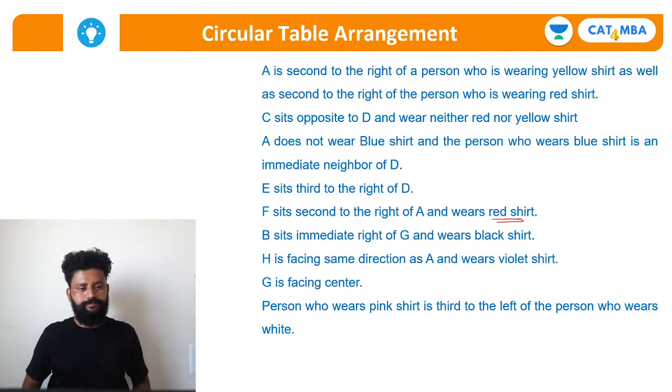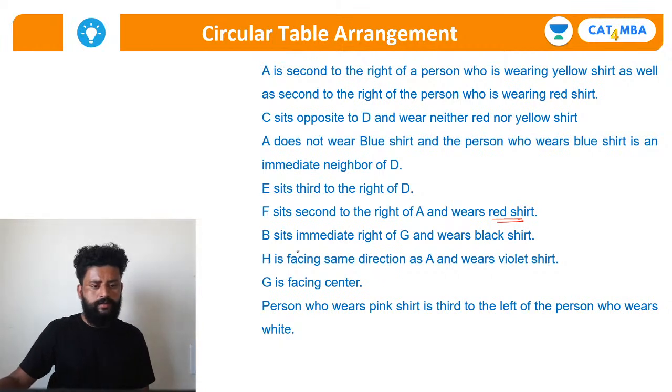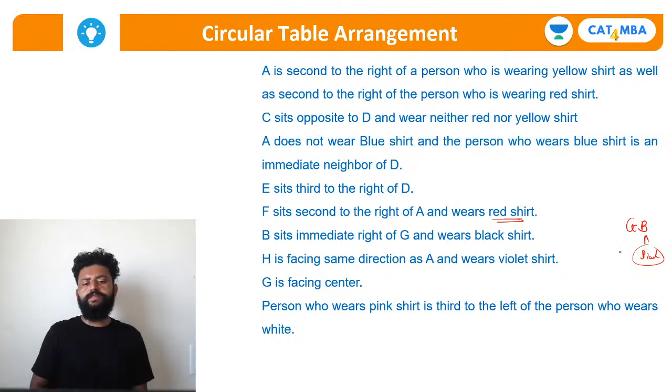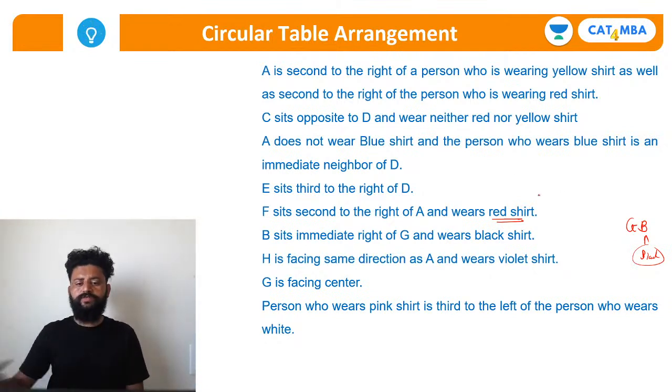Okay, G is facing center. B sits immediate right of G. So first thing, G is facing center and B, who wears black, is immediate right of G. So B is an immediate neighbor of a person who is facing center.